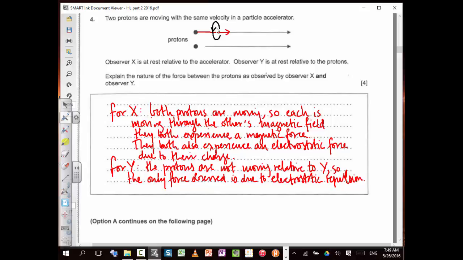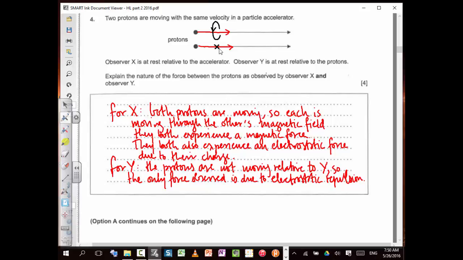Which means that this bottom charge here is moving to the right through a field that is going to be into the page there. And we can use the Fleming rule or the slap rule then to determine, using our right hand, that the force that it's going to experience is going to be upwards.